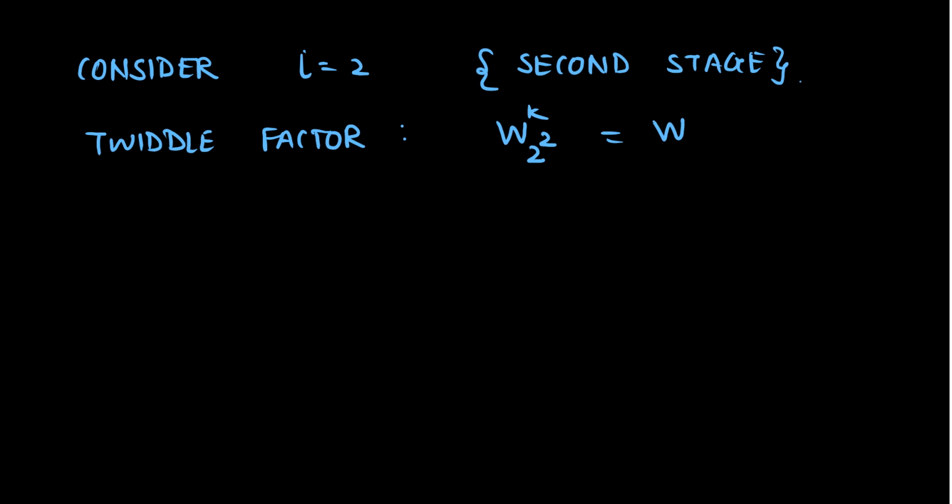So it would be equal to W4 to the power k, and this k would be varying from 0 to 2 to the power i by 2 minus 1.